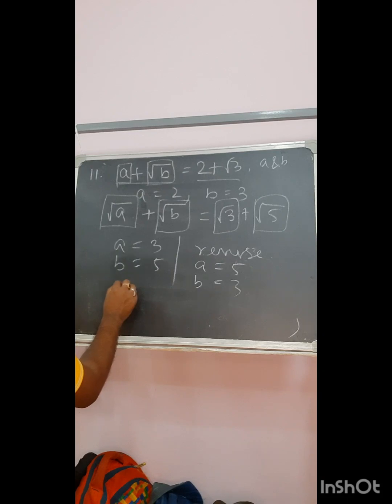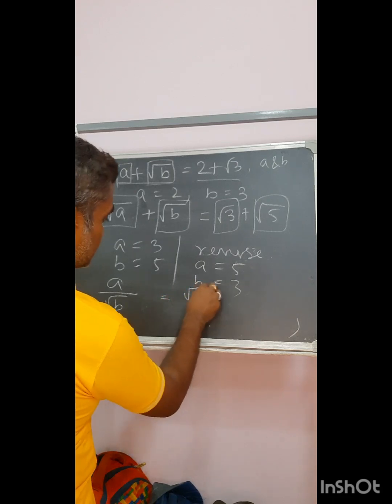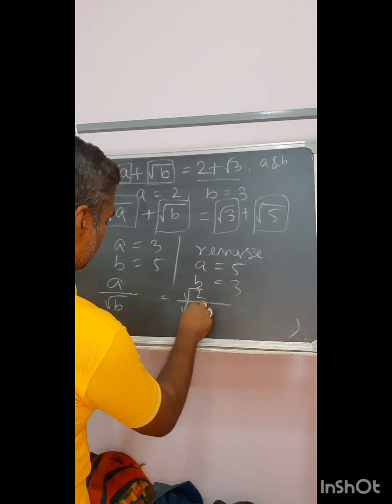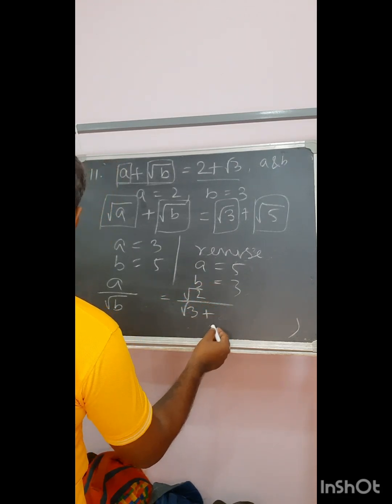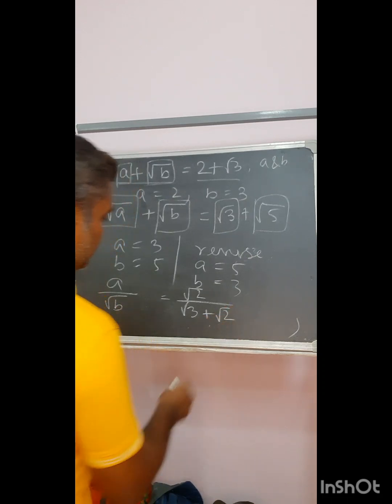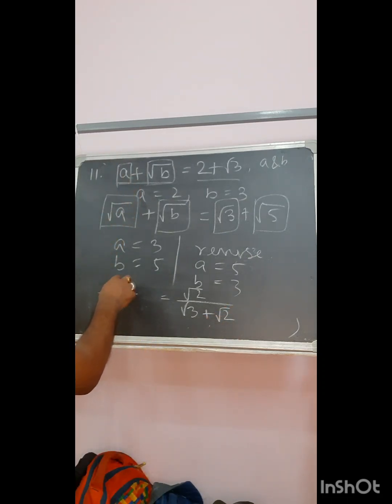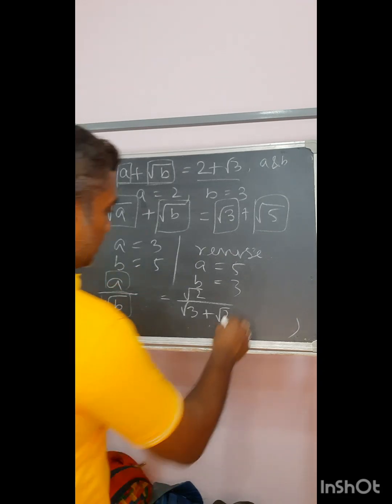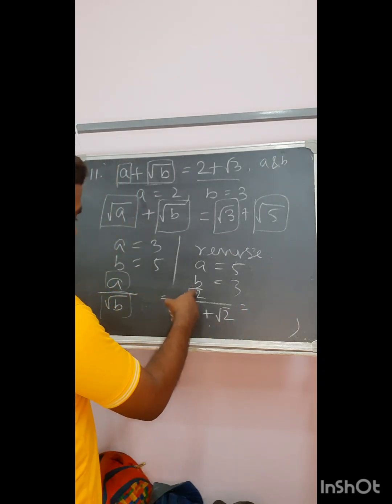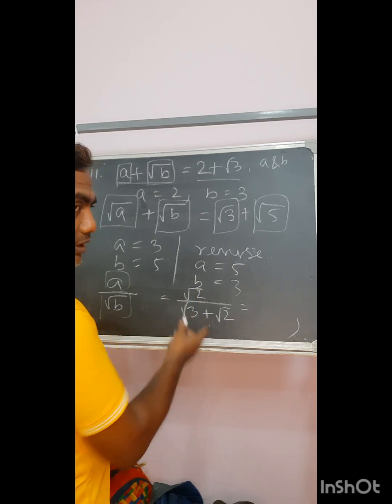And in the same way, if it is a plus root b, represented as root 2 by root 3 plus root 2, then in this case a is a rational number here and b is irrational, so you have to turn it such that the top one will be a rational number.